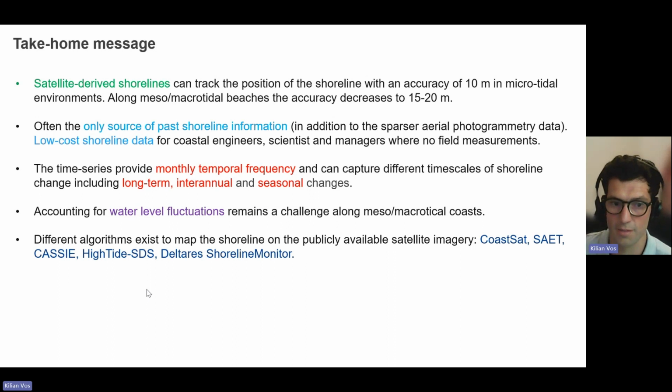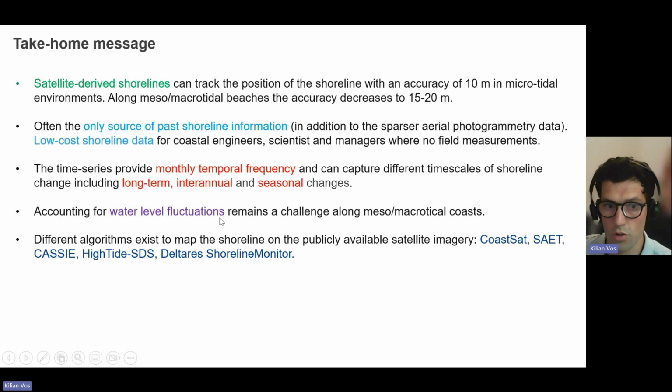And finally, there are different algorithms that exist. So CoastSat is one of them, but I invite you to also look at SIAET from Valencia, CASI. There'll be a presentation on this in this workshop as well. High Tide SDS or the Deltares shoreline monitor.